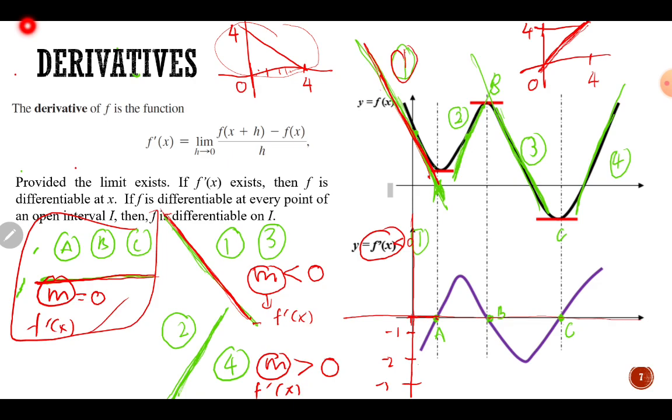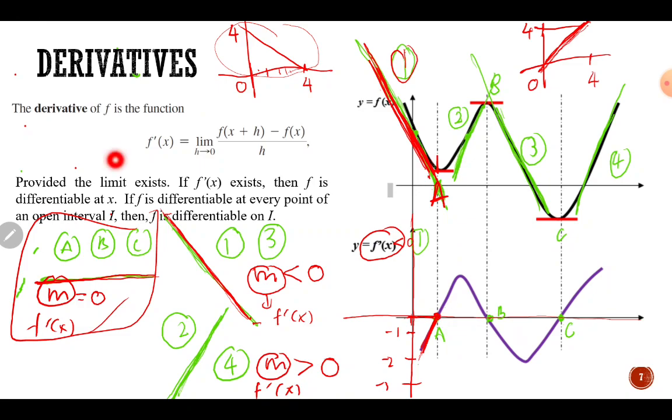So that's why, as you can see here, for x less than a, the curve is going down. The curve berada dalam region di bawah x axis. F prime x is less than 0. Kenapa? Because its slope of tangent line here is negative. So dia berada di bawah x axis.